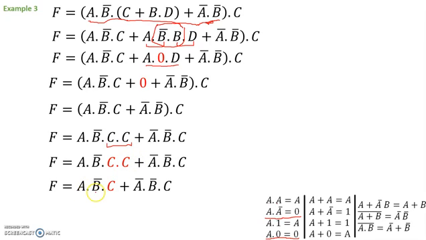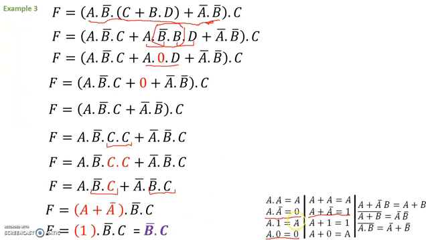So I have A ANDed with not B, C, or not A, not B, C. What can we take common here? So I see not B ANDed with C, not B ANDed with C. Let's take that out. And we'll have A from the first term and not A from the second term, ORed together. So A ORed with not A, and that whole thing is ANDed with not B, C. So A or not A, that rule right there is equal to 1.